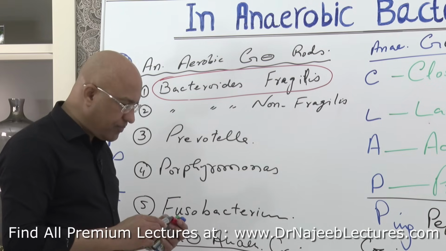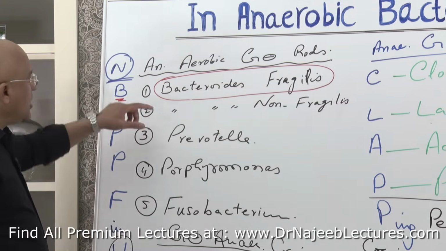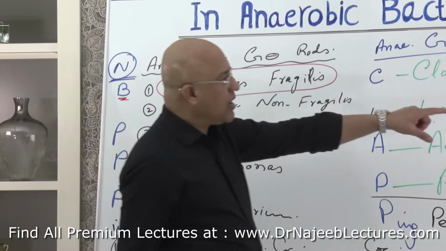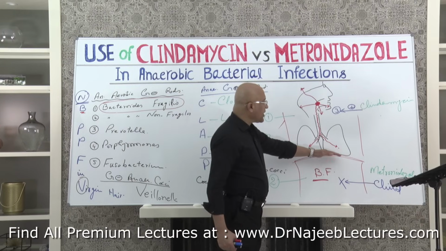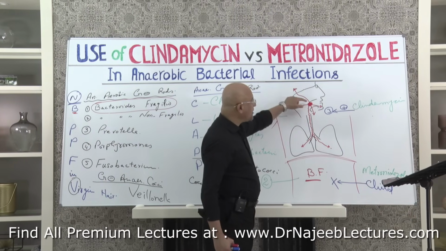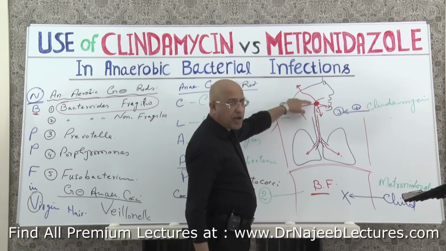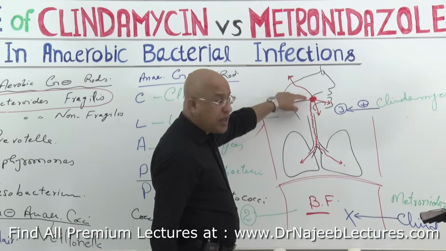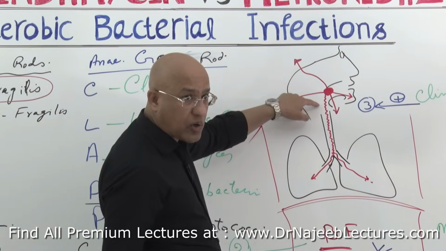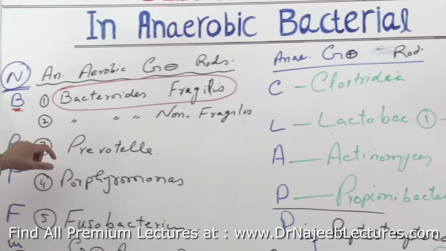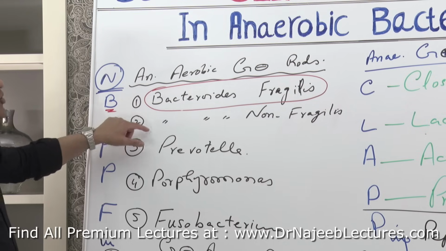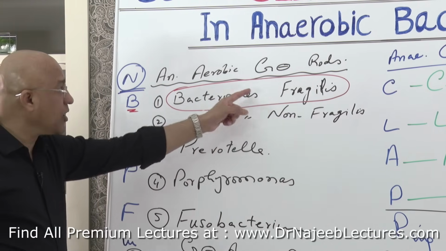So what I am saying is that in the oral cavity, all anaerobic infections above the diaphragm derive their anaerobic microbes mainly from oropharyngeal microbiota, and they usually have Bacteroides non-fragilis, not fragilis.